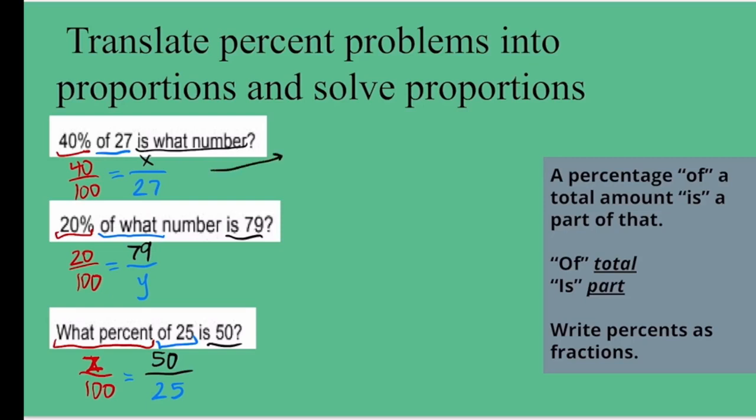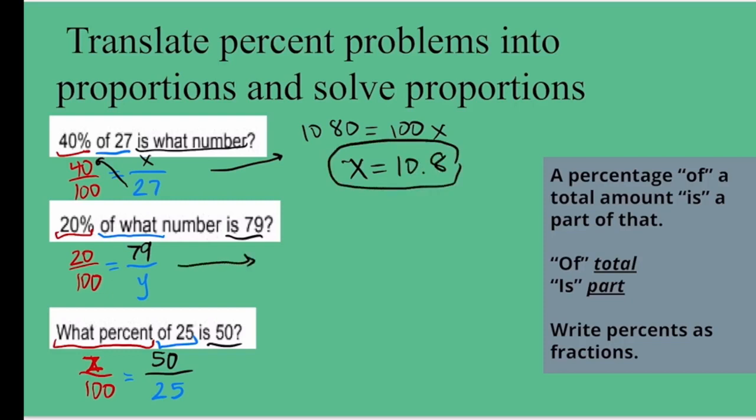So the first one, 40 times 27 is 1080. That's equal to 100x. And if we divide by 100, we get 10.8. For the second one, we cross multiply.